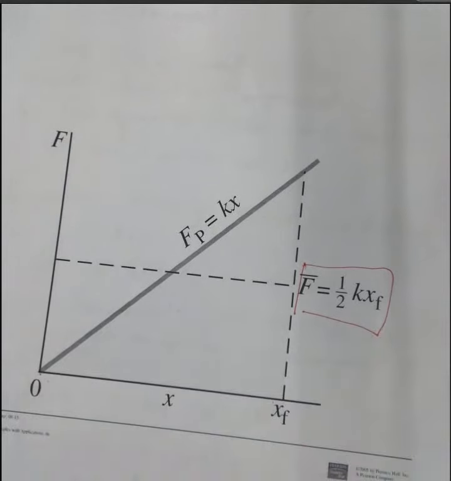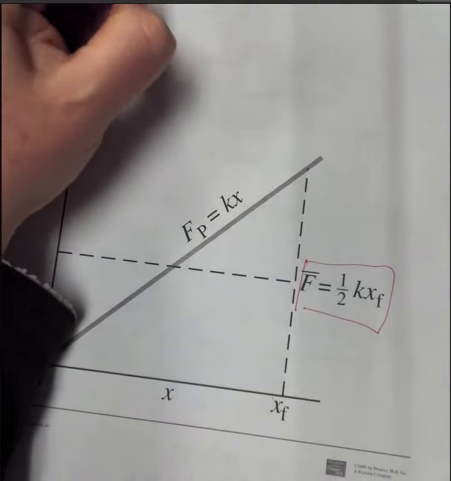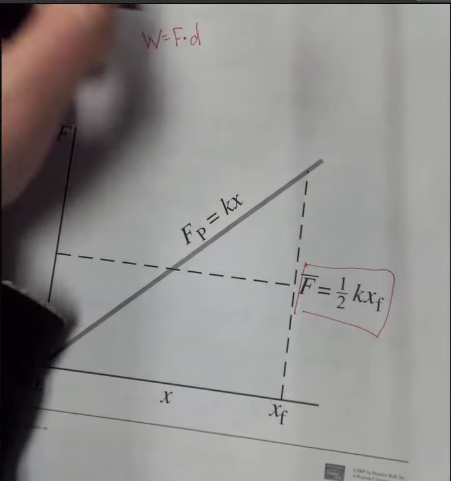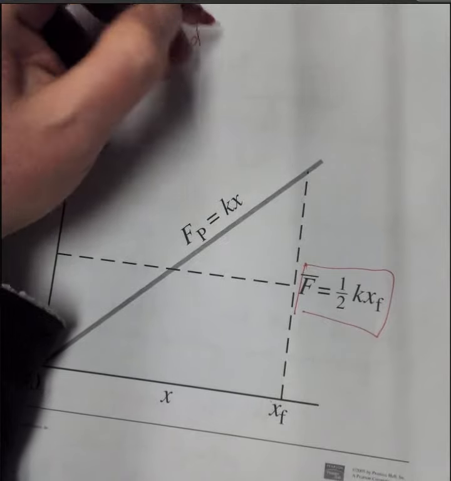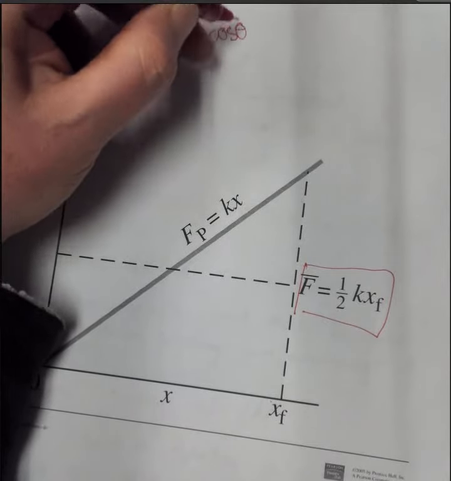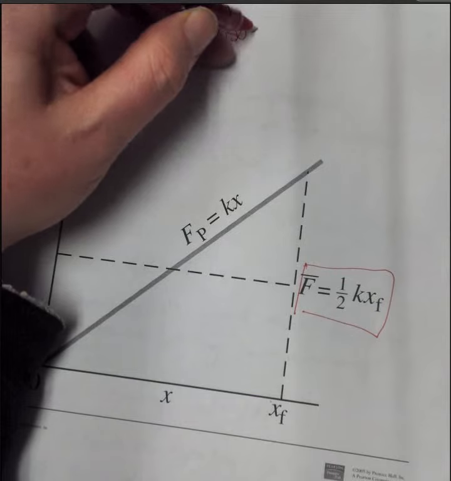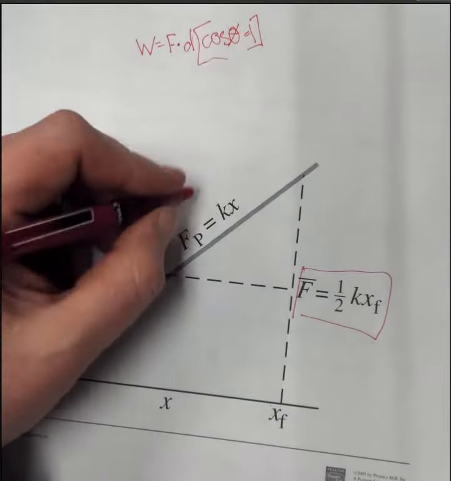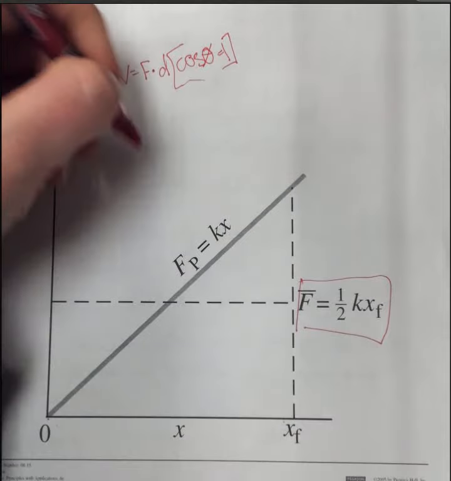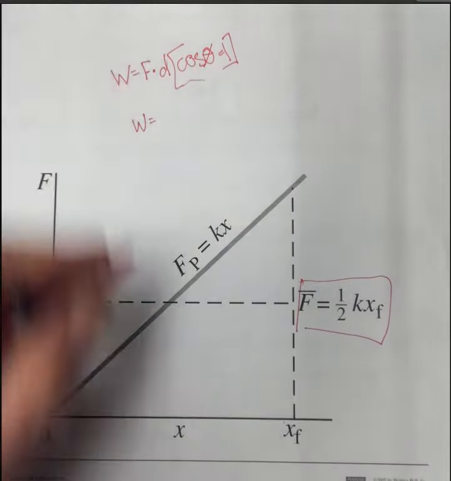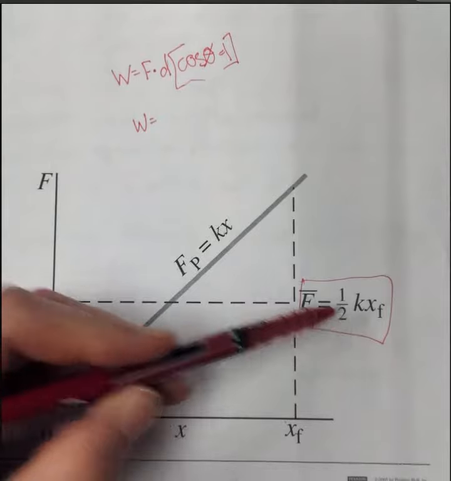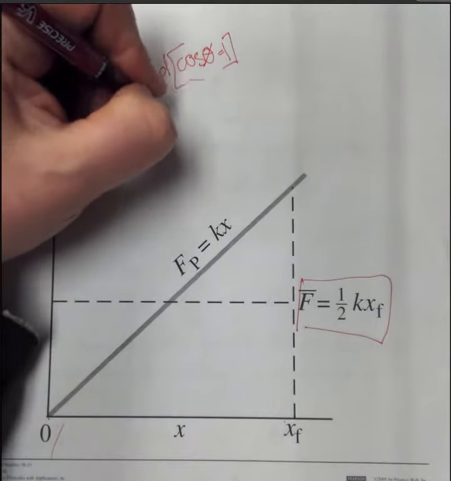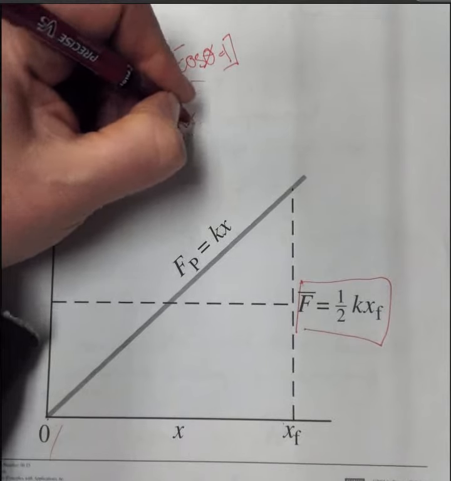So that means that since work equals force times displacement, and we're assuming that this is in the same direction, so cosine 0 equals 1. Here, the force equals kx, so the work is going to be the average force, which for a linear force is going to be 1/2 kx.